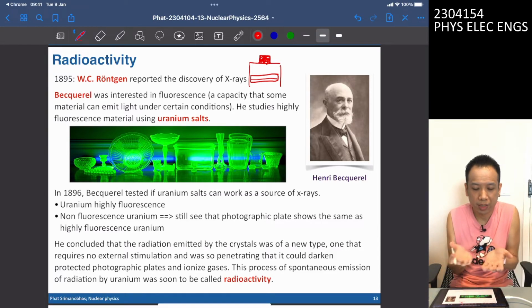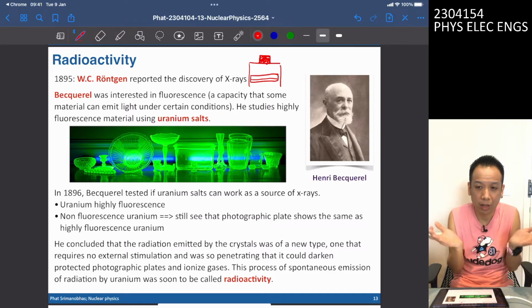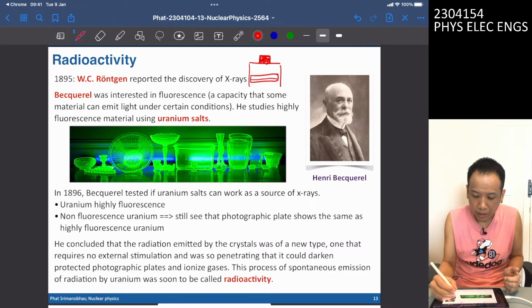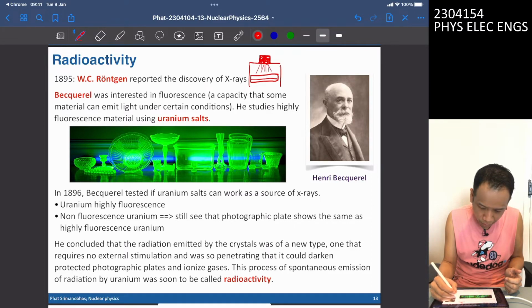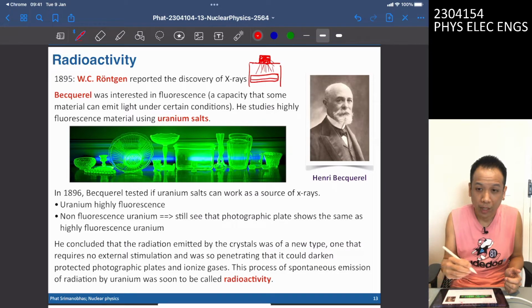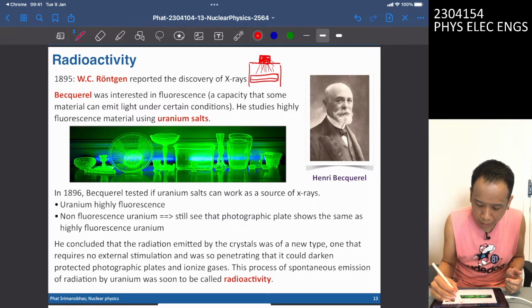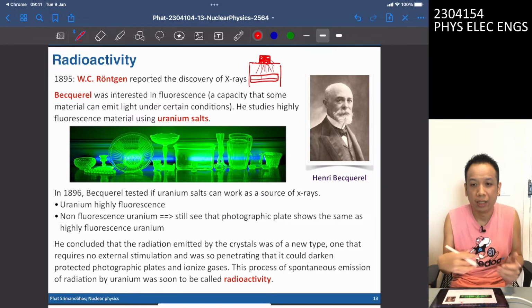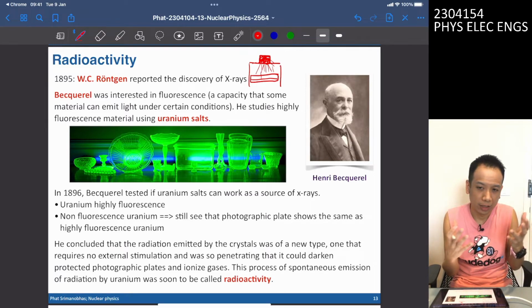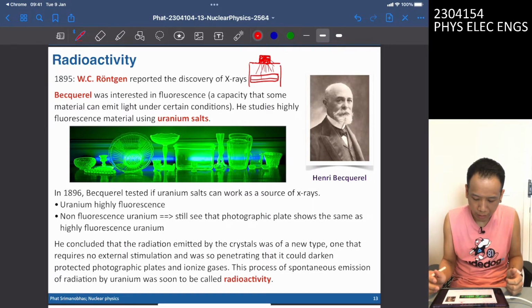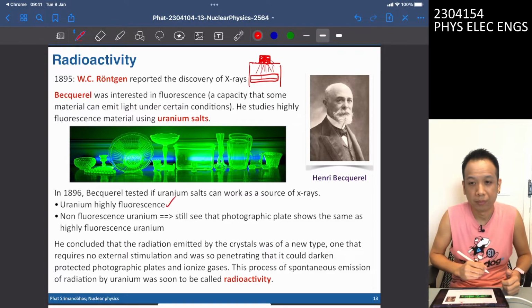Since it's inside the black box, it protects from light coming from outside, so no light interacts with it. However, the fluorescence or the radiation that he was going to discover can pass through and make a shadow on the photographic plate.